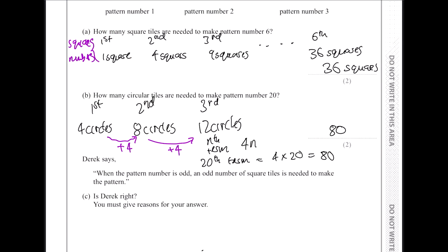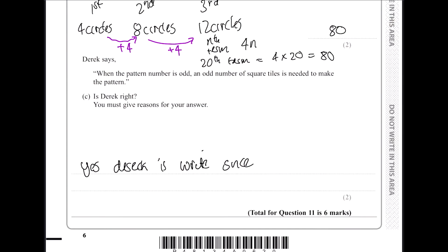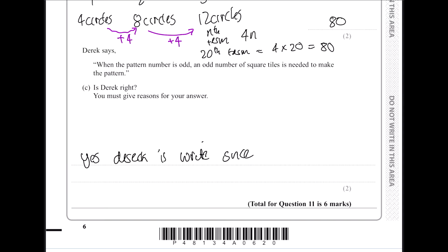So if we only ever pick odd terms, then to get our number of squares we have to square it. So it's like saying an odd number times an odd number. So yes, Derek is right, since odd numbers times odd numbers are always odd.